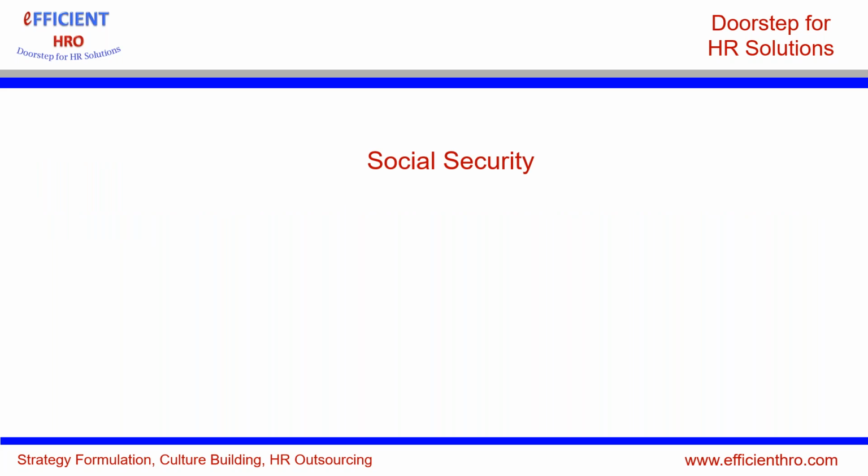Now basically, PF and ESI are a part of the social security steps that have been taken by the government. PF is basically a retirement benefit, where the government has planned that post retirement, employees should get some kind of corpus in their hand, based on which they can plan their retirement and have a steady life post retirement.